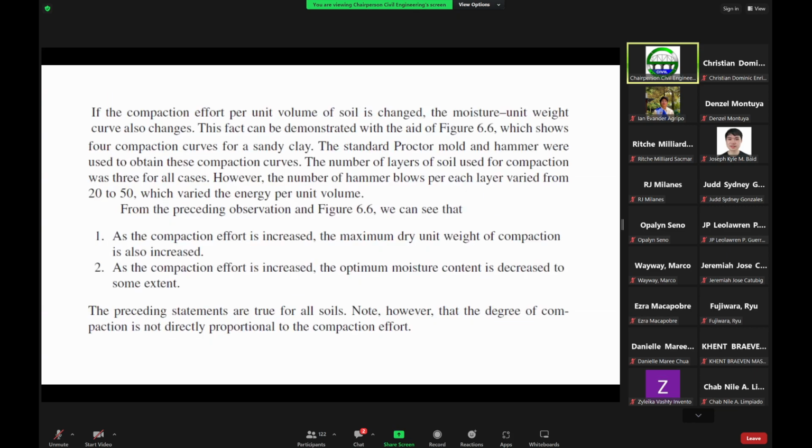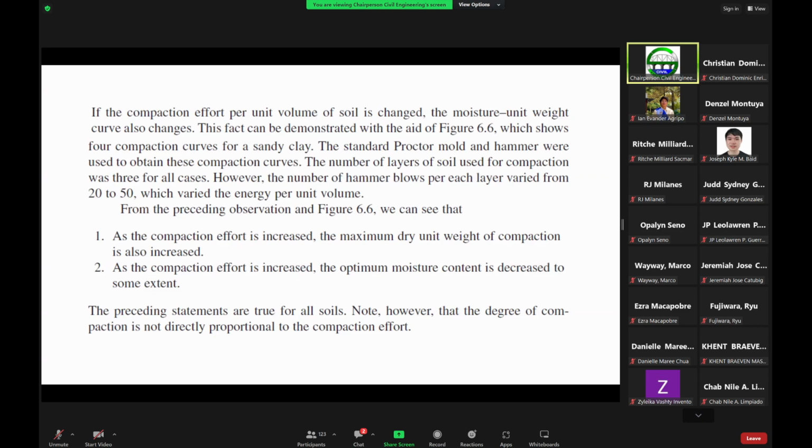Now, if the compaction effort per unit volume of soil is changed, for example, we increase the compaction effort, then the moisture unit weight curve would also change. So not only with respect to the soil type, but changing the compaction effort would also change the compaction curve.